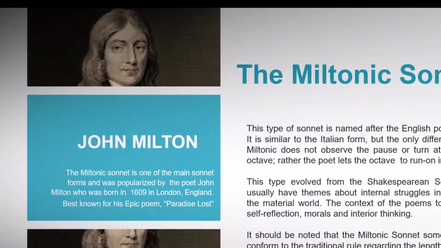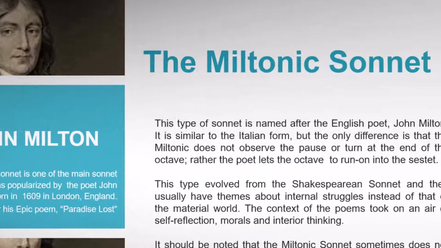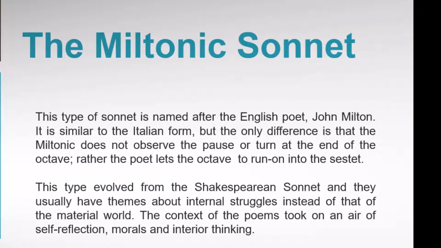Okay. So the Miltonic sonnets. What is it all about? This type of sonnet is named after the English poet John Milton, just as I rightly said. It is similar to the Italian form, but the only difference is that the Miltonic sonnet does not observe the pause or turn at the end of the octave.